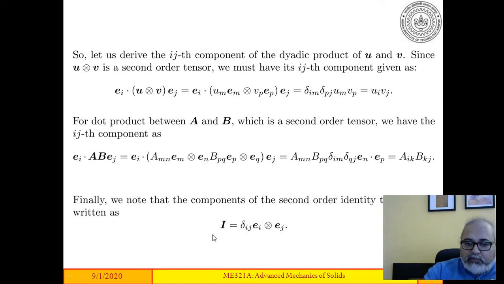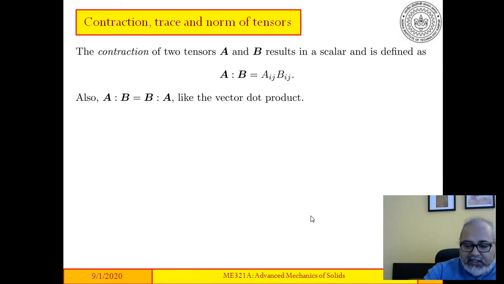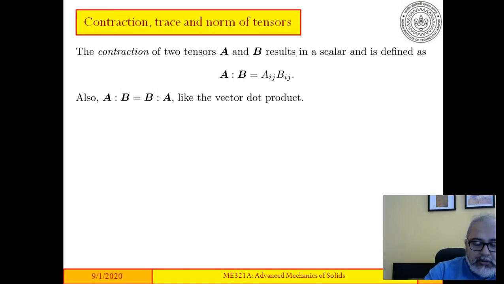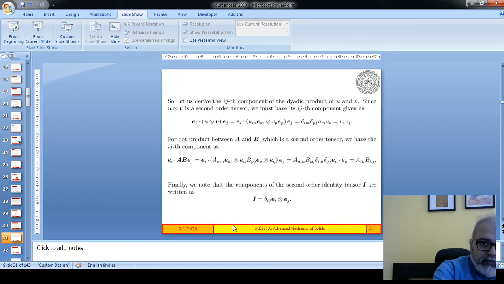So I is like delta 11 e1 dyadic e1. The 11th component is 1, then you have two zeros. Then the 22nd component is again 1, and the 33rd component is again 1. All other components are 0. So I is a second order tensor, and its components are delta ij. Okay, let me stop here for this slide.